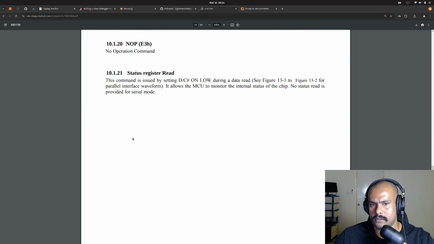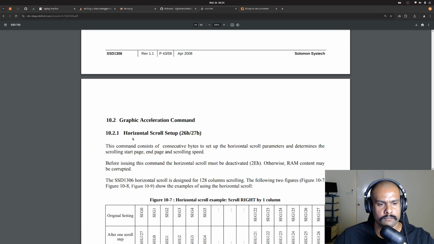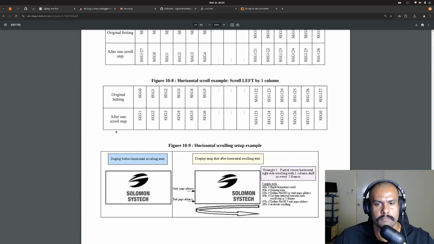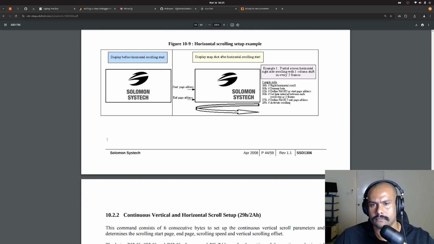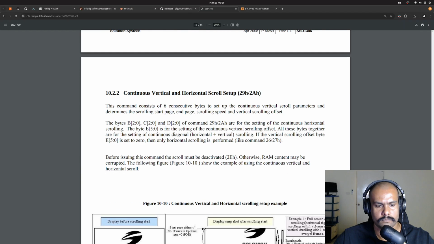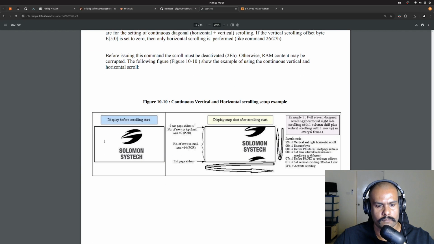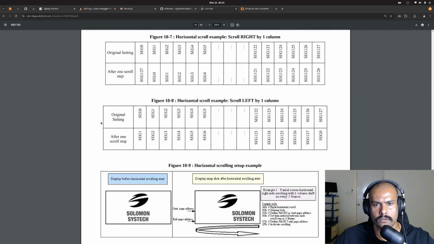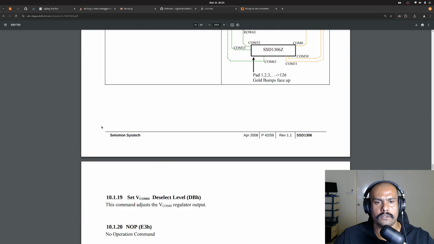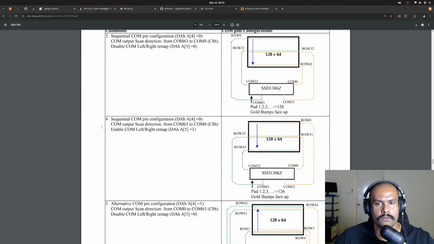Deselect. Horizontal scroll setup, no. Continuous. Oh, but is that what it was? I think that was the display.